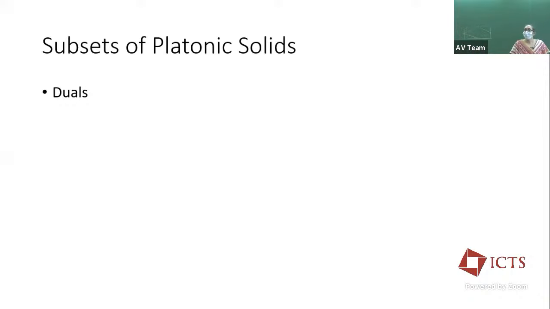What will you get? A rhombus, correct. Now, instead, if we take a rhombus and do the same, right? So they are duals of each other.